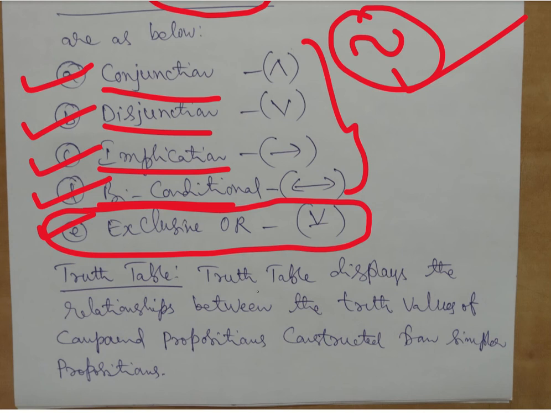So if you take 2 statements P and Q, and P is true and Q is true, what is the resultant value you will get for conjunction, disjunction, implication, biconditional, negation, exclusive or, and so on? We have to give that. That is going to be your truth table. We will be proving many examples using truth tables shortly.